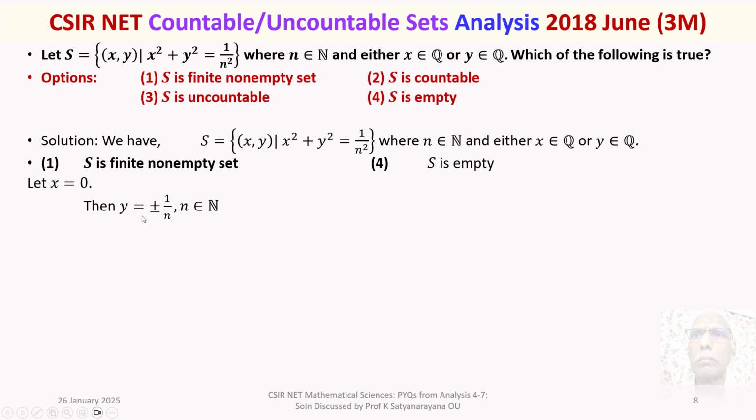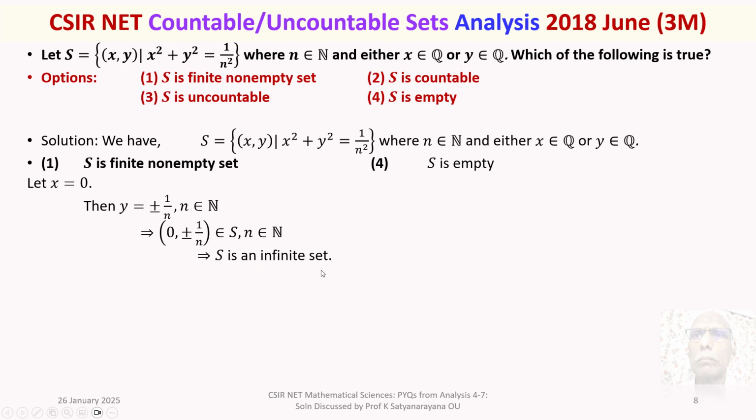Then y will be equal to plus or minus 1 by n, where n belongs to N. So the ordered pairs (0, plus or minus 1 by n) belong to S. How many? As many as there are natural numbers. So infinitely many, countably many.